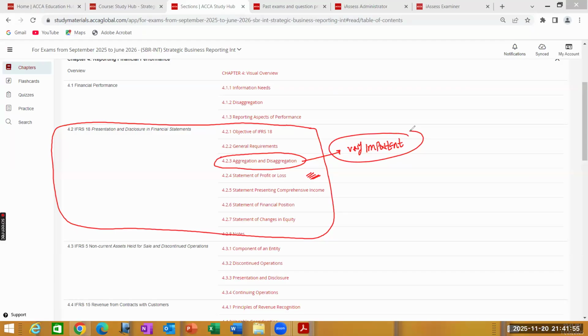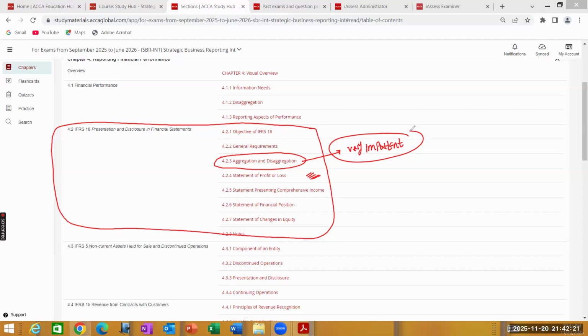Aggregation and disaggregation criteria. Aggregation means the same nature of expenses will be aggregated and presented in one line, like all operating and admin expenditure will be reported as operating and admin, but impairment of goodwill should be presented separately. It should not be aggregated because it has its own significance.